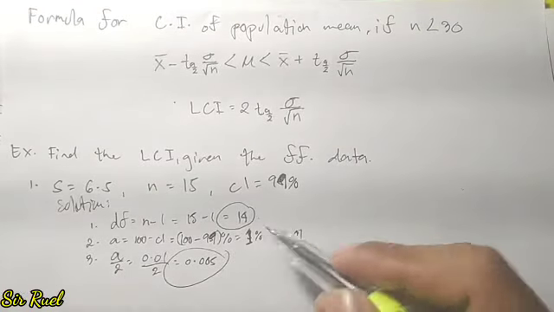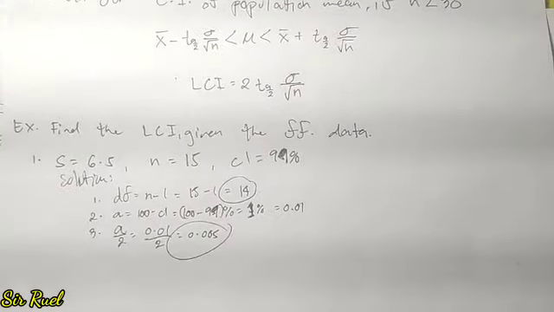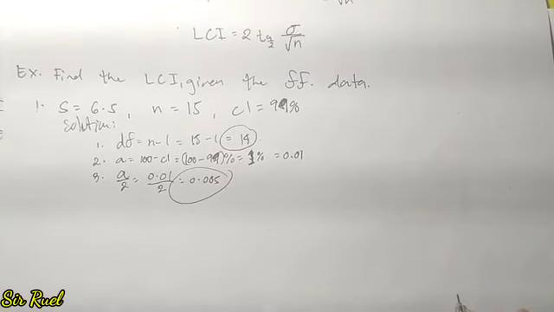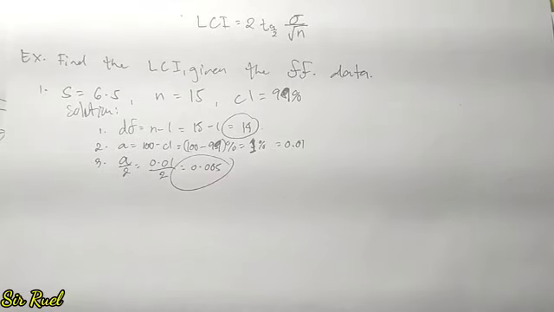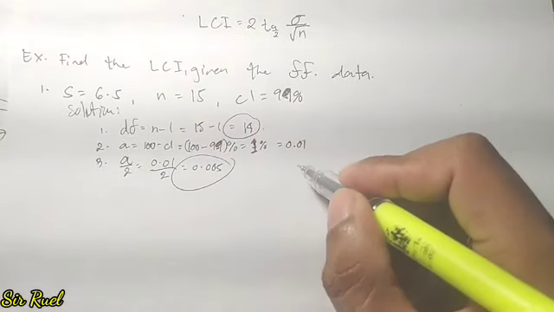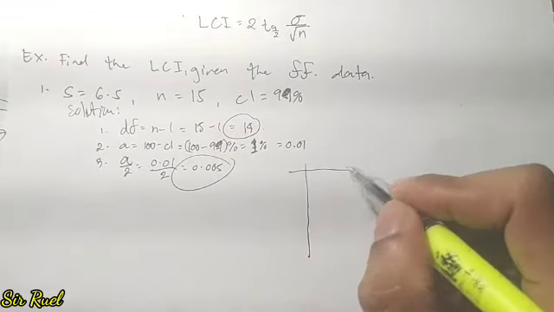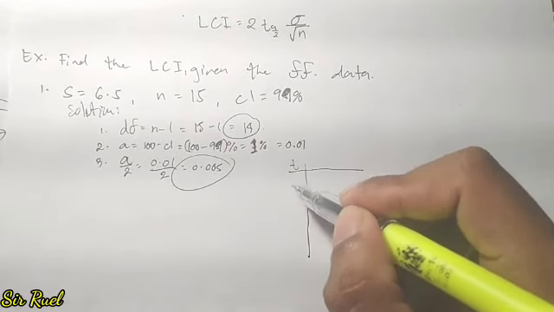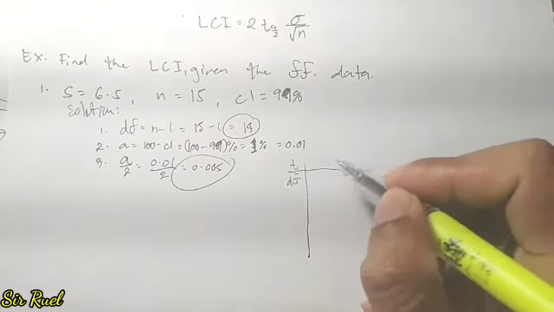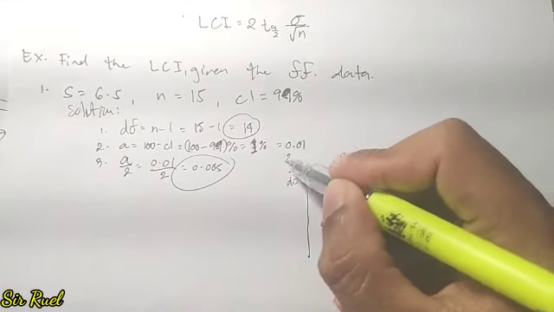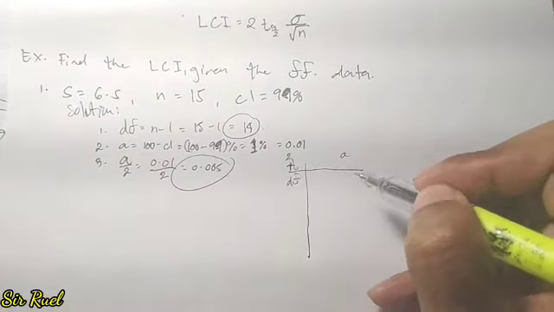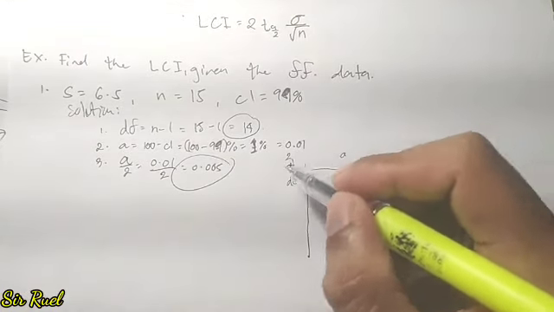So, bakit natin hinanap tong dalawang to? Kasi ganito yung itsura niya. Yung t-distribution natin, ganito yung itsura. Yung nasa gilid, left side, is yung degrees of freedom. Yung nasa taas naman is alpha. Pero yung alpha, meron tayo dito sa gilid na 2 tails and 1 tail. Dito sa 2 tails tayo titingin, hindi sa 1 tail.